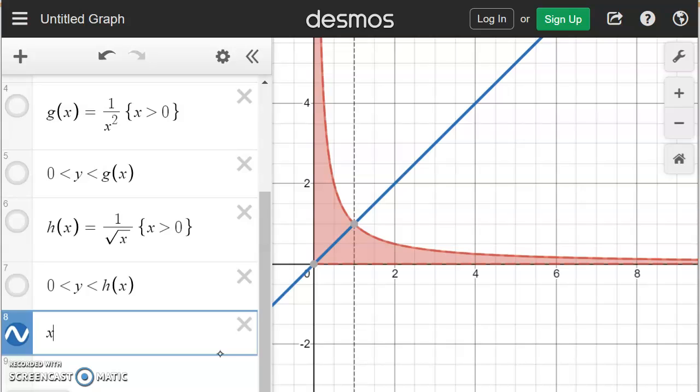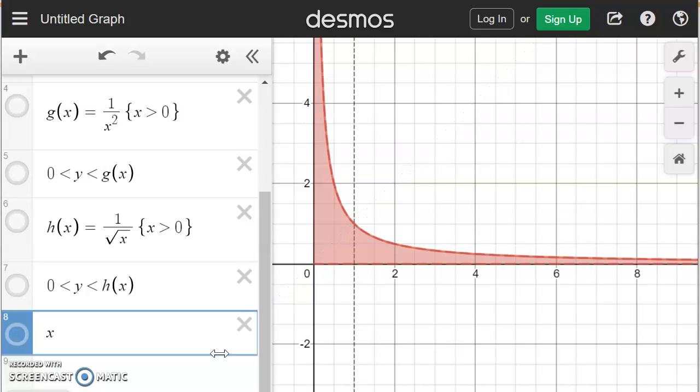So this region above the line y equals 1 is exactly the same shape as this region to the right of x equals 1, and again, that's because these are inverses of each other, and there's that reflective property there. So not a surprise at all.